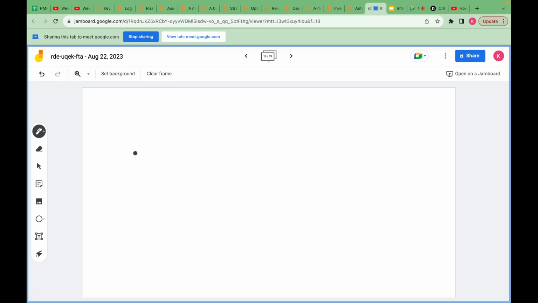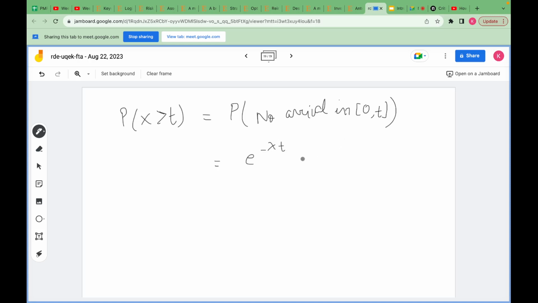So we are asked the probability that x is greater than t. X is the arrival time of the first customer. So this is the probability that there is no arrival in 0 to t time. This is given by e to the power minus lambda t to the power 0 upon 0 factorial.